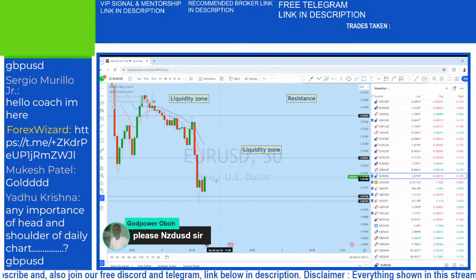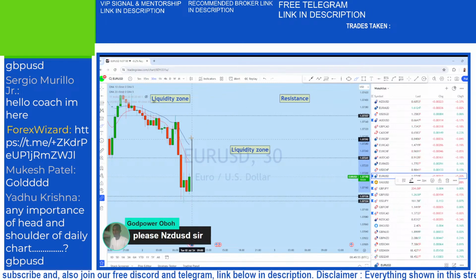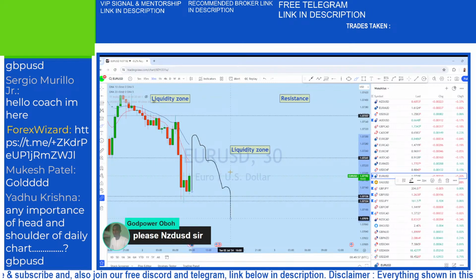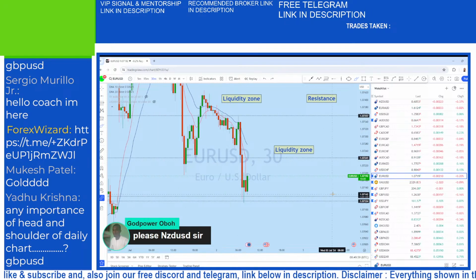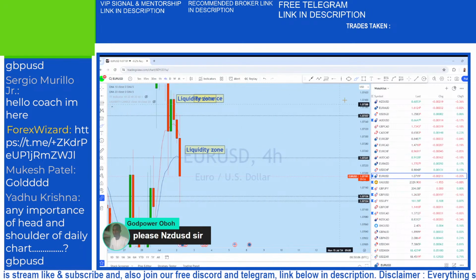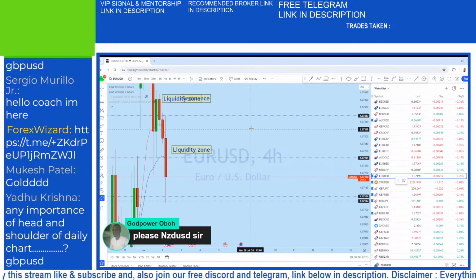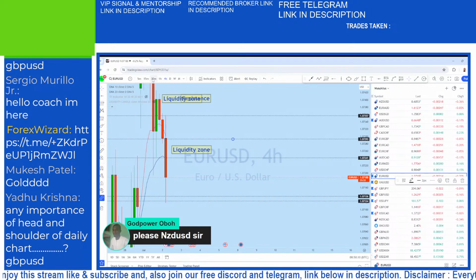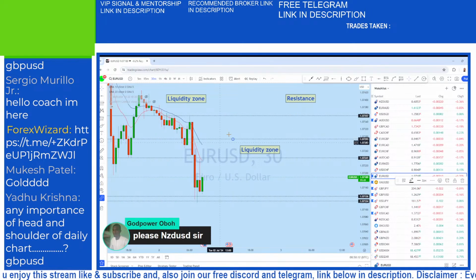Here we might see a bit of upside, and then my bias on euro USD after the strong liquidity grab will be to the downside. Let me draw a couple of levels that euro dollar might hit and then potentially reject. These are some of the levels we'll be looking at.